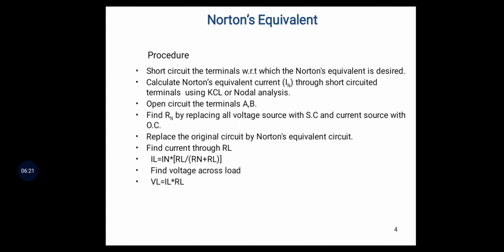Replace the original circuit by Norton's equivalent circuit. Next, find the current through RL: IL equals IN times RL divided by Rn plus RL. Next, the voltage formula is VL equals IL times RL.